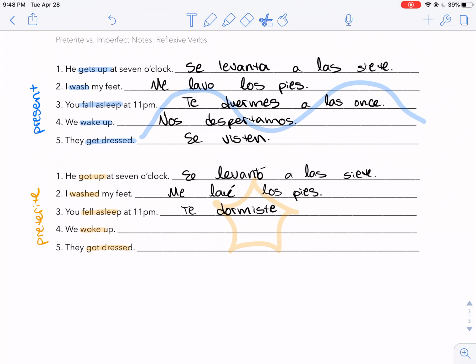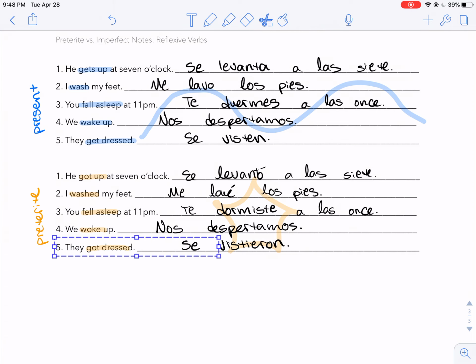Remember, even though it's an IR stem changer, it doesn't change in the tu form. Las 11. We woke up. Nos despertamos. Fun fact, because it's an AR verb, it's the same in the preterite as in the present. And finally, they got dressed. Se vistieron. This time we do have a stem changer, and it changes because it's in the eos form.